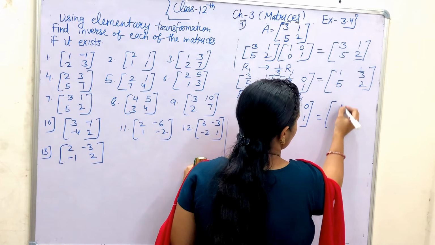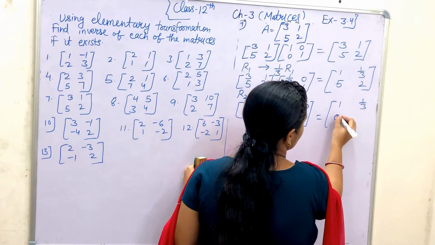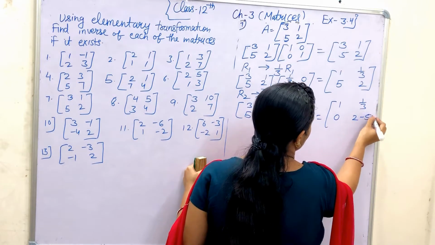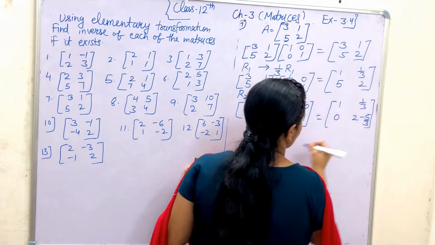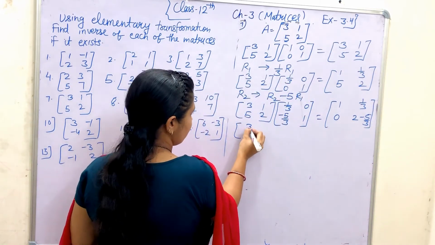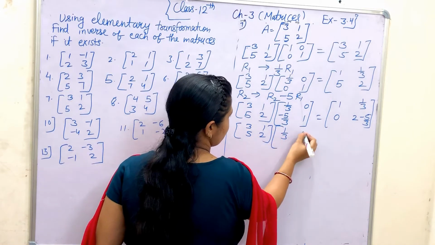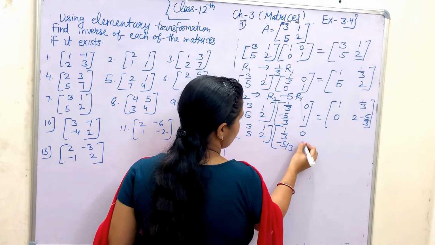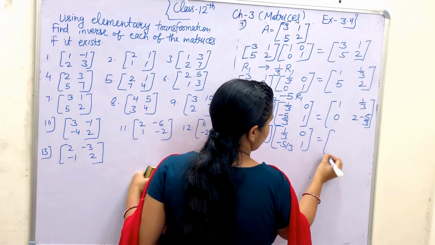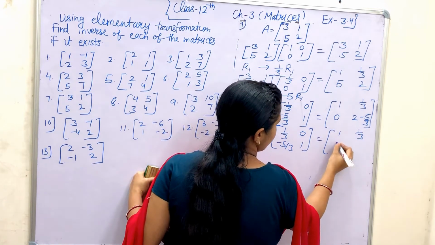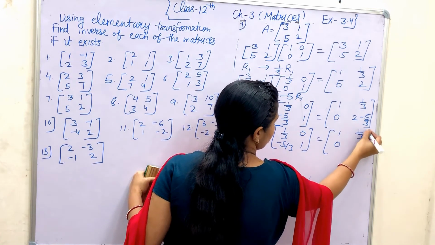So here we get 1 by 3 0. 2 minus 5 by 3. We get 3 5 1 2. 1 by 3 0 minus 5 by 3 1. Here we get 1 by 3 0 1 by 3.